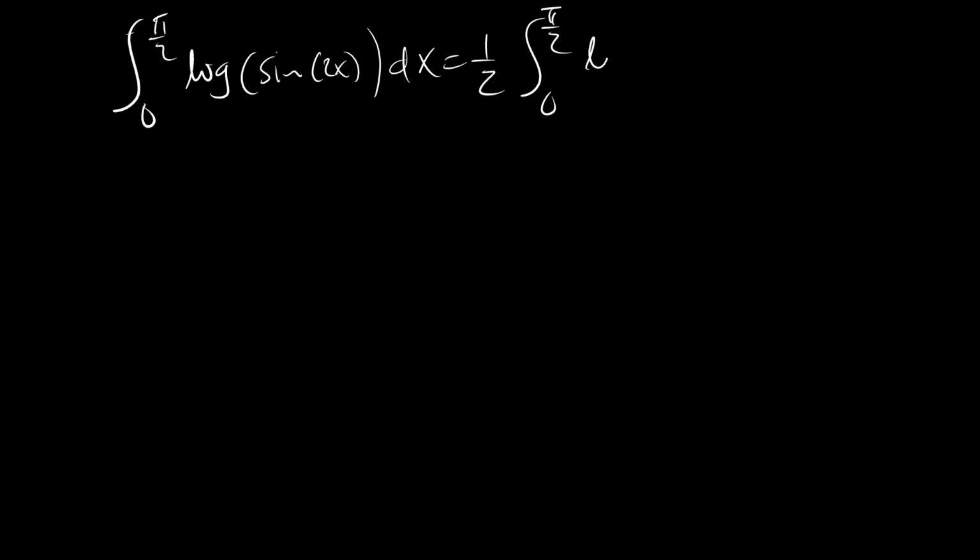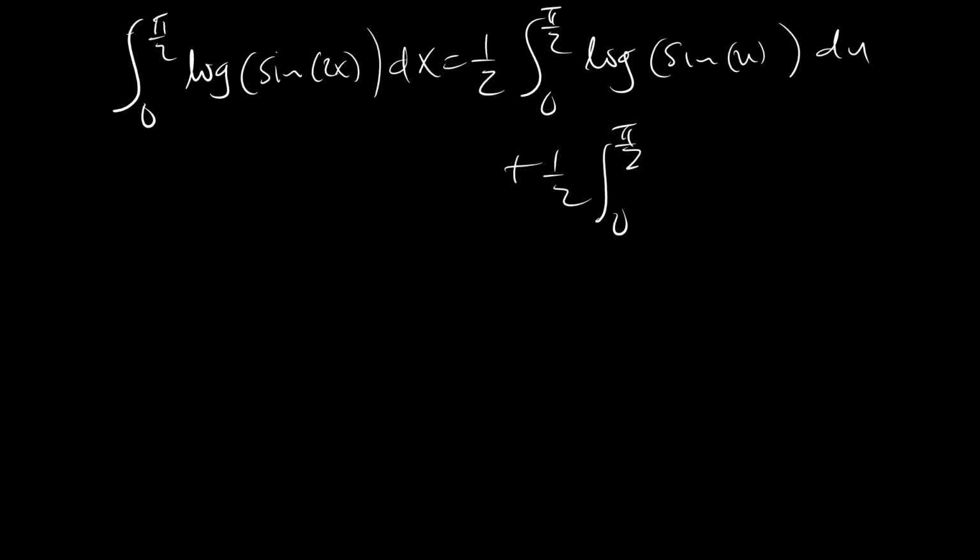So we're at a point where we're saying the integral of log sine of 2x is equal to a half the integral from 0 to pi over 2 of log of sine of u plus a half the integral from pi over 2 to pi of log of sine of u.